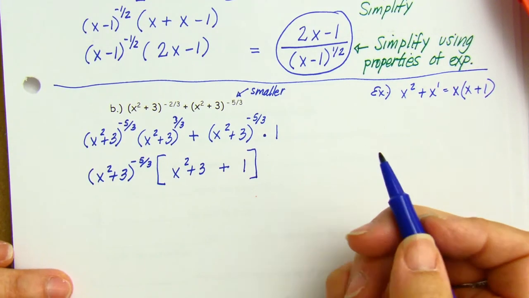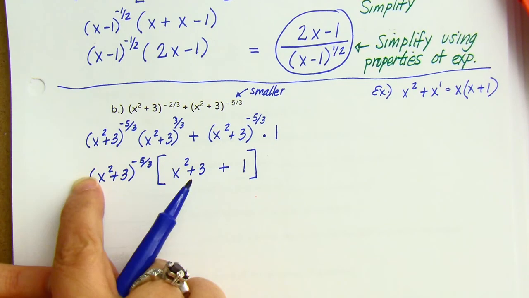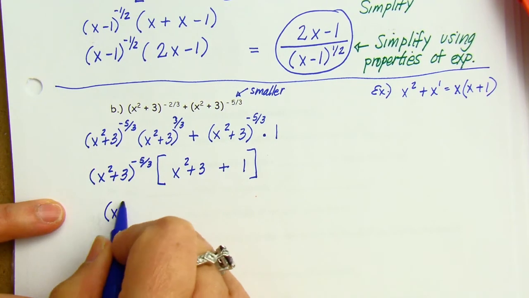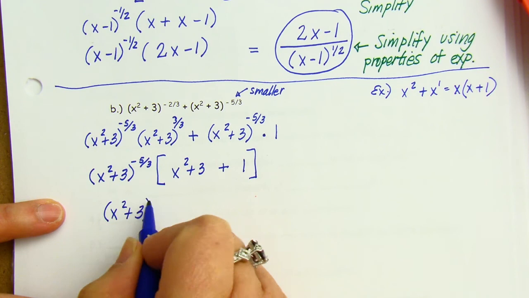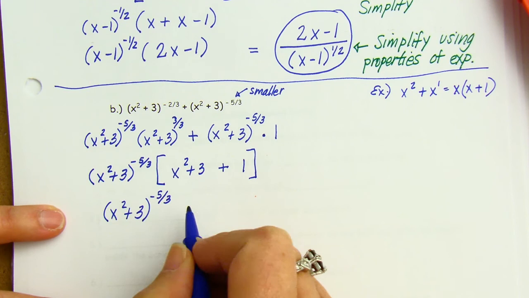Two steps left to go. I've got to simplify inside the grouping, and then I have to move this to the denominator. So once you get the hang of doing these, you can move that to the denominator in one step.